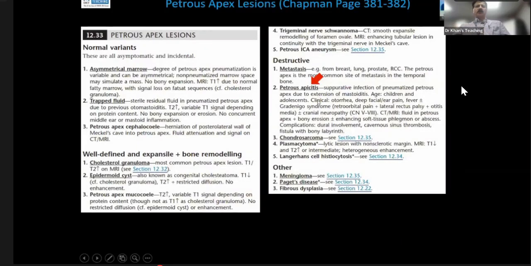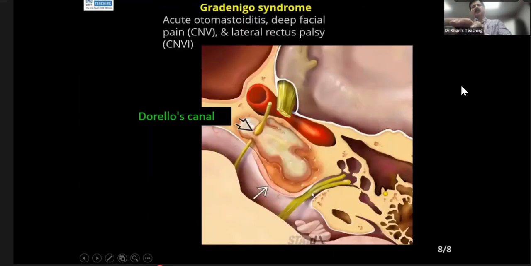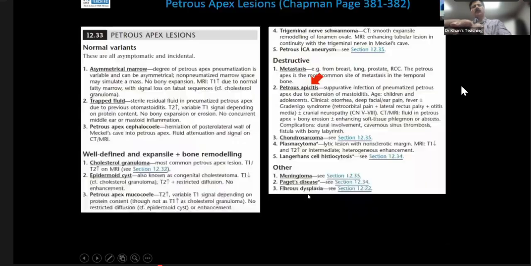If you see here from your book, petrous apicitis, this is the syndrome: retroorbital pain, lateral rectus palsy, plus otitis media, plus or minus cranial neuropathy, which now is 5 to 8. 5 to 8 can be involved, because the infection, as this is the IAM, is not far away, so this can also be involved. So this was petrous apicitis. Okay, thank you very much.